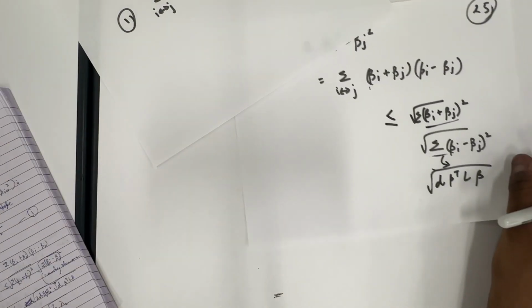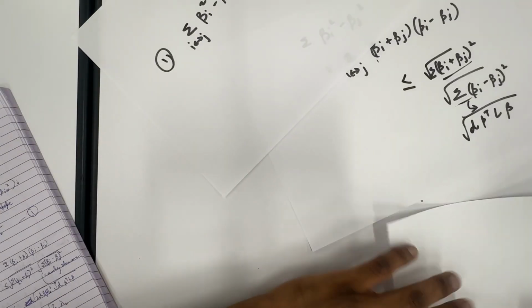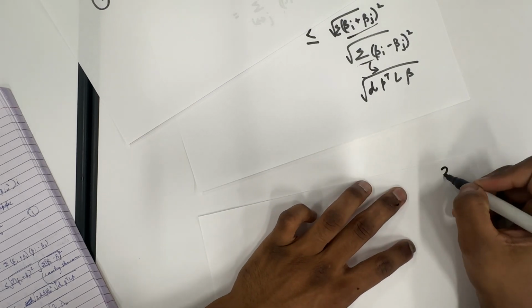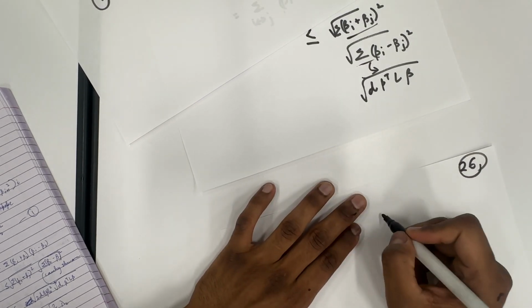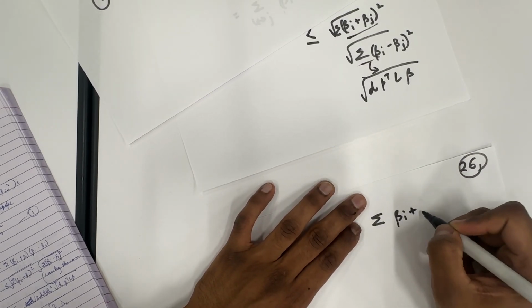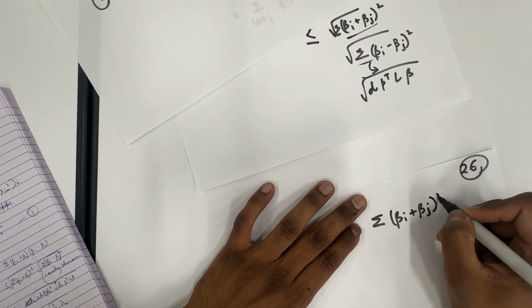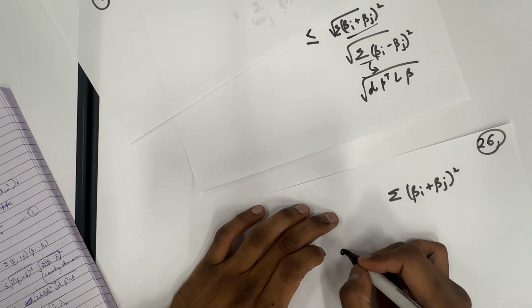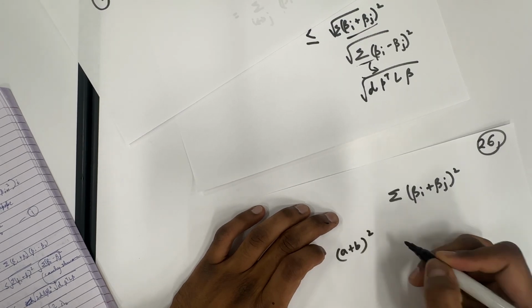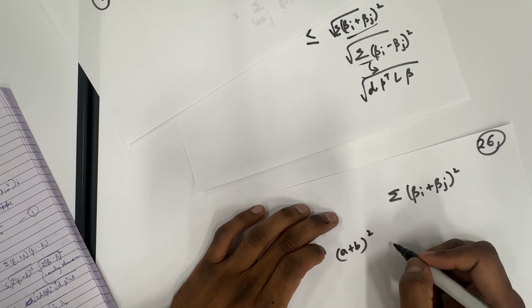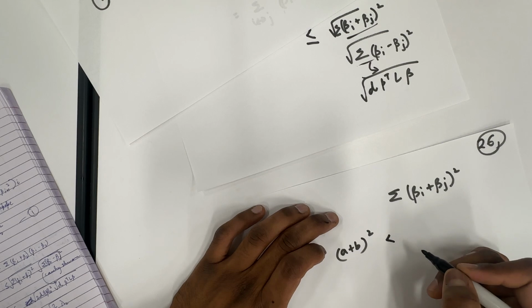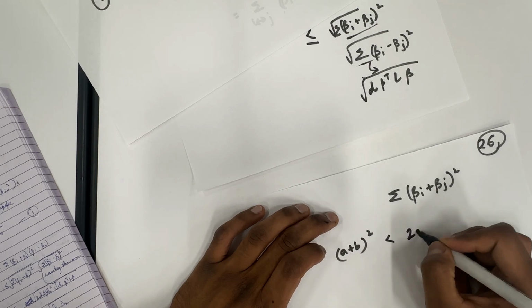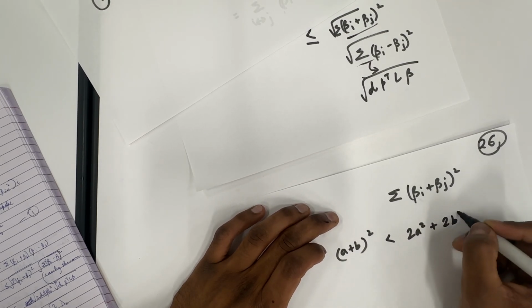This uses the fact, from slide 26, about the sum of beta i plus beta j whole squared. It uses the fact that a plus b whole squared is always less than 2a squared plus 2b squared.